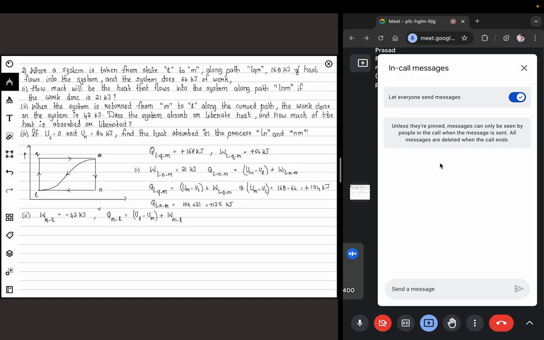I've already calculated UM minus UL as 104, so this will be negative 104, and W_ML is also negative, which is 42. That gives a value of minus 146 kilojoule. Since it is a negative value, heat is being liberated from the system. Heat addition to the system is positive, so here it is going out of the system.